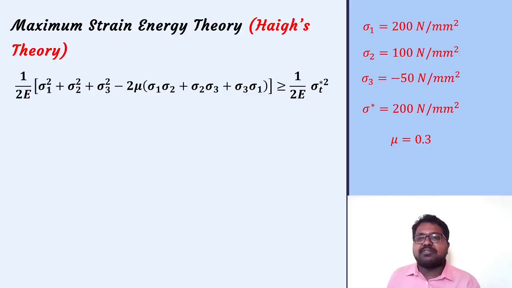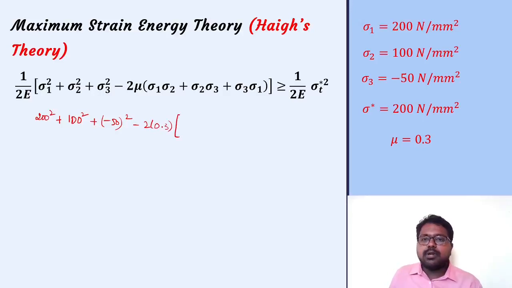If you place the values of sigma 1, sigma 2 and sigma 3, that is 200 square plus 100 square plus minus 50 square, minus 2 into 0.3 into 200 into 100 plus 100 into minus 50 plus minus 50 into 200. This should be greater than or equal to sigma T square, that is 200 square.